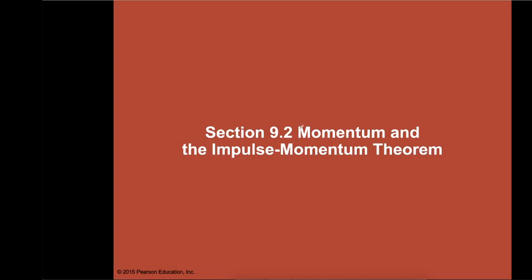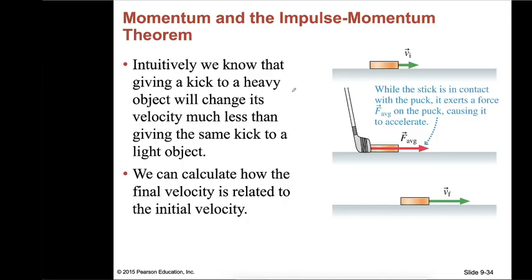Now let's see momentum and the impulse-momentum theorem. Intuitively, we know that giving a kick to a heavy object will change its velocity much less than giving the same kick to a lighter object. Then we can calculate how the final velocity is related to the initial velocity.